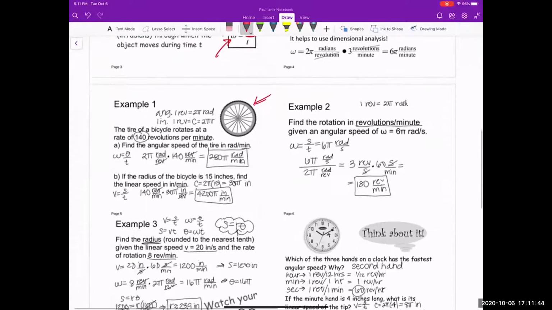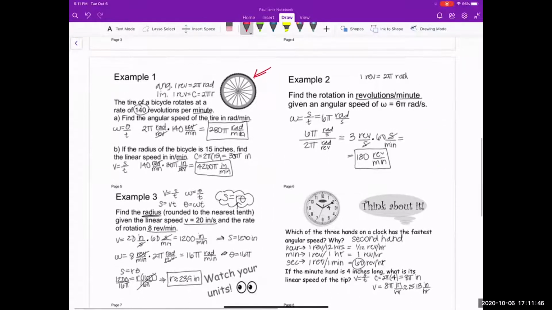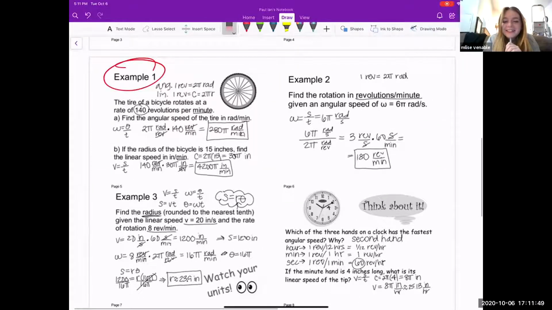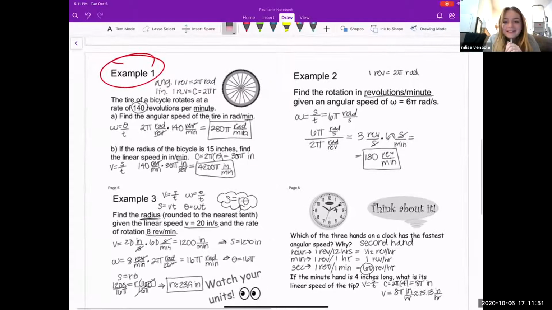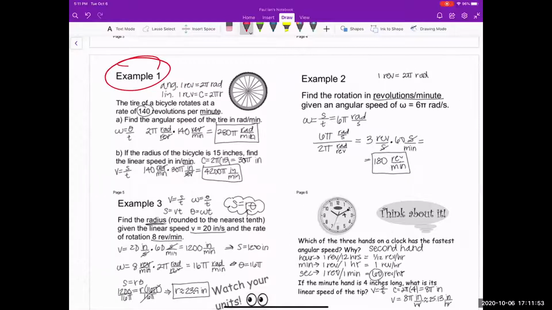So maybe it's better if we apply it. Let's take a look at example one. A lot of this is learning how to apply it. So for this one, what are you given? You're given 140 revolutions per minute. So this is going to be an angular speed, right? You have to apply this. So what is your time here?